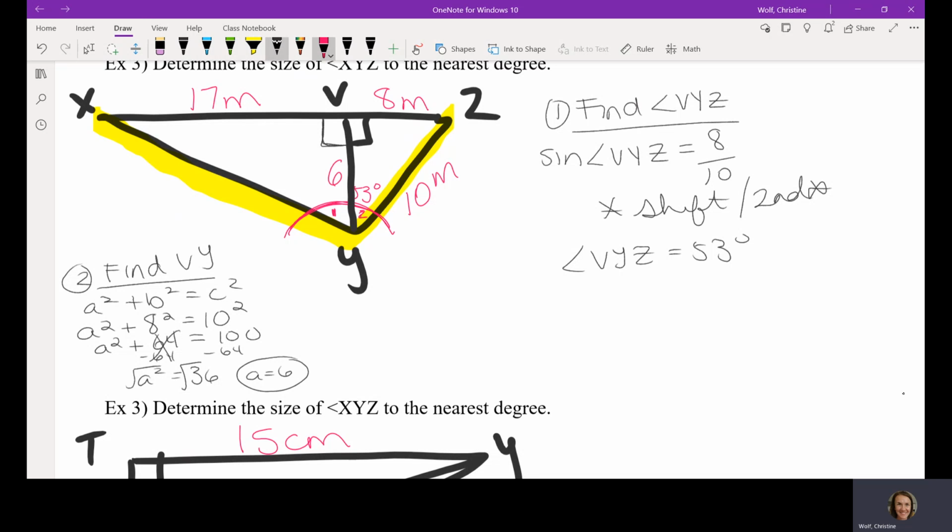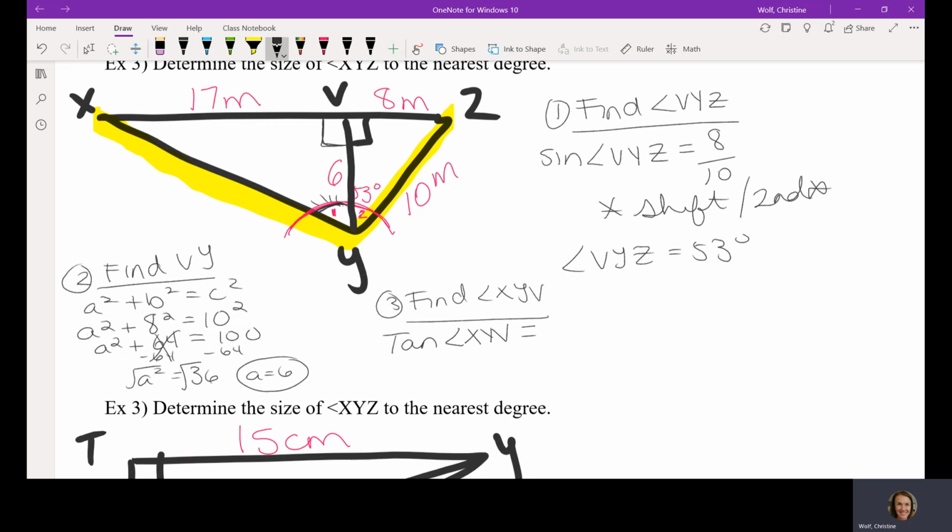So this is step number 3. We are finding the other half of that angle, which is the angle XYV. So just this slice here. So that's my eyeball then. If I'm looking for that angle, that's my eyeball. The 17 is the opposite side and the 6 is the adjacent side. So opposite adjacent is tan.